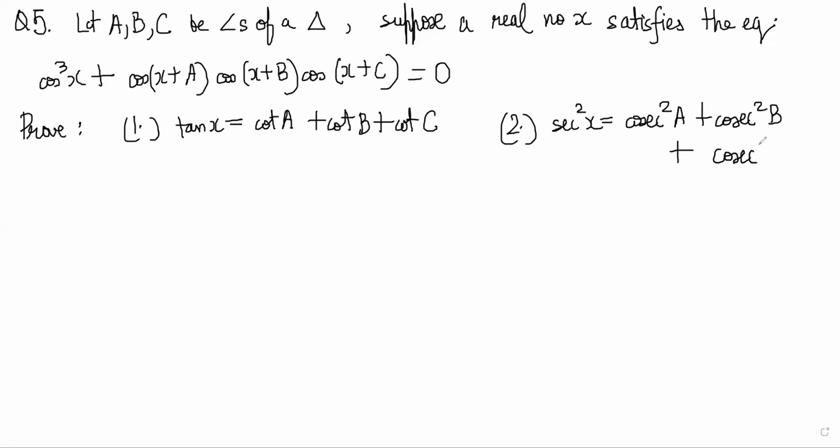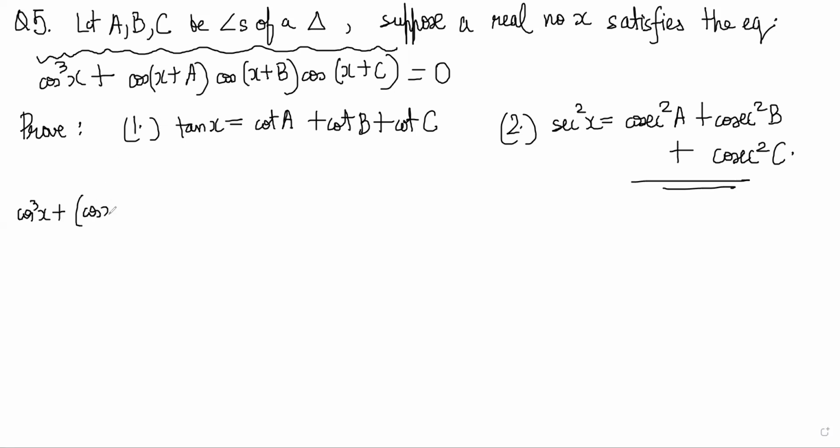Now, this is a tricky problem because the expression here is a little difficult to simplify. However, keep in mind the way we approach this question and see what we do. First of all, we'll write this as cos cube x plus, we'll expand this a little bit and see what it looks like.